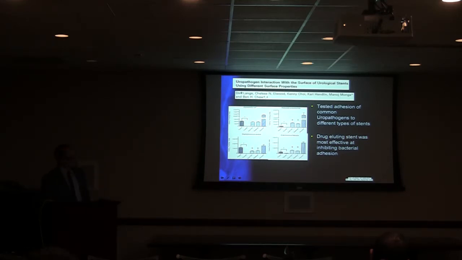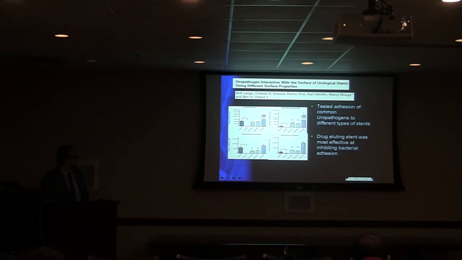This particular study is the one I was referring to earlier, actually. Just to go back to the antibiotic-coated stent, that was the Radiance stent, by the way, and you can see that against E. coli, Klebsiella, Staph aureus, and Enterococcus faecalis, there was absolutely no difference between an uncoated and coated stent. But the one that did work really well in all cases was the triclosan-eluting stent.